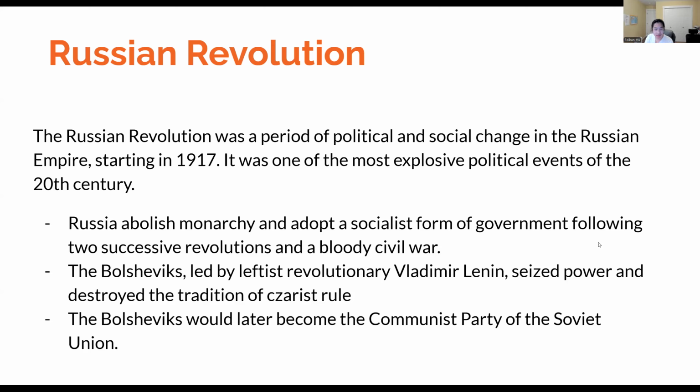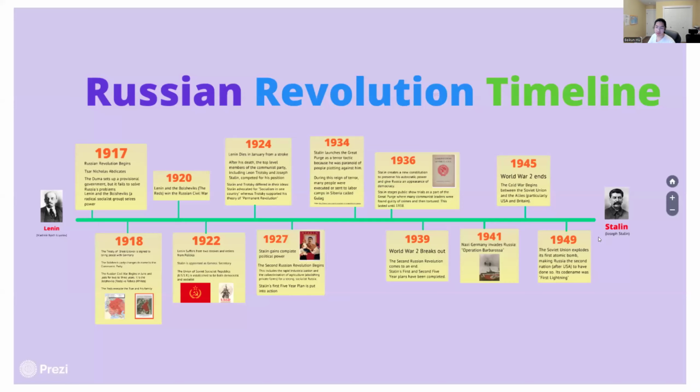Wait one second. Let me check, yes, here it is. The Russian Revolution timeline. This text is kind of small, but it's basically just a series of events, right? So we start with 1917 at the beginning of the revolution.